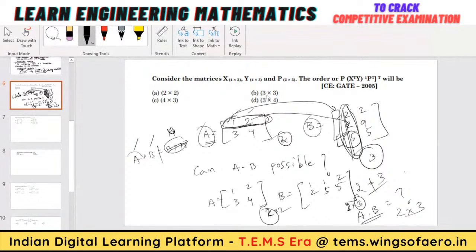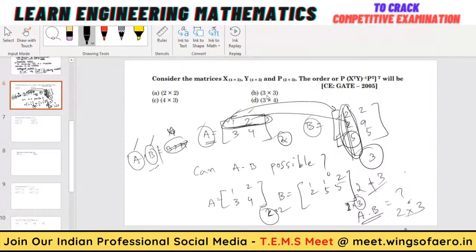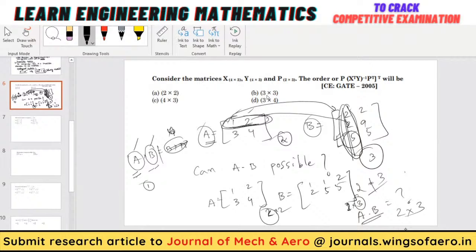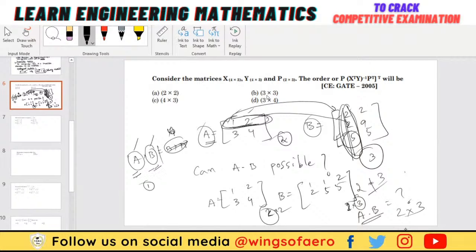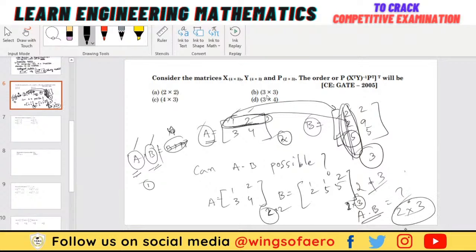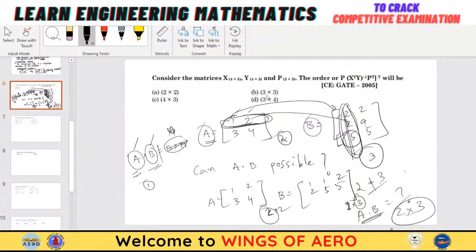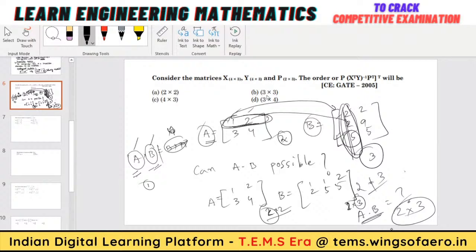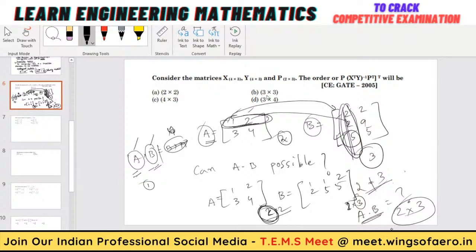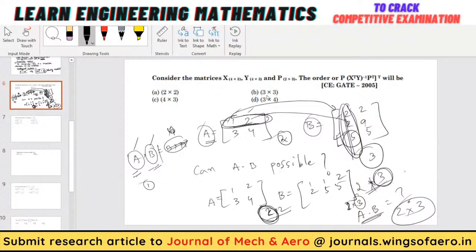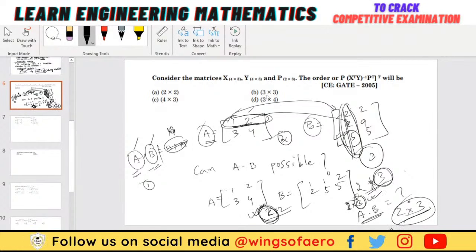First condition: the number of columns of A should be equal to the number of rows of B. Second, if that happens, this is the final dimension after multiplication. Look at this example: this is a 2 cross 2 matrix and this is a 2 cross 3 matrix, so the dimension will be 2 cross 3. The first one of this and the last one of this will be the dimension of A cross B.